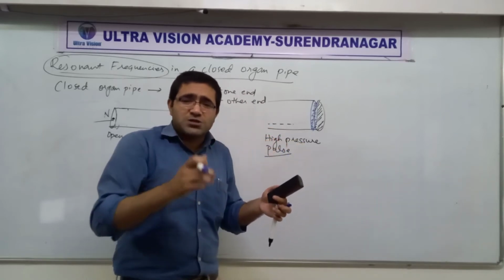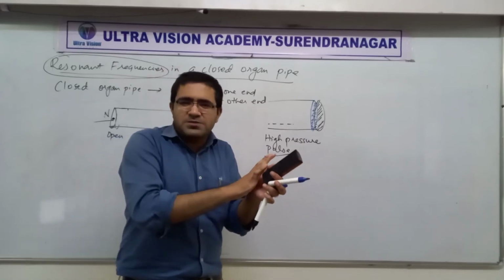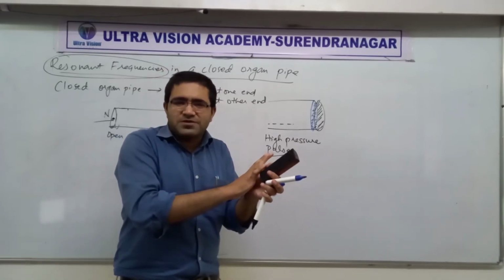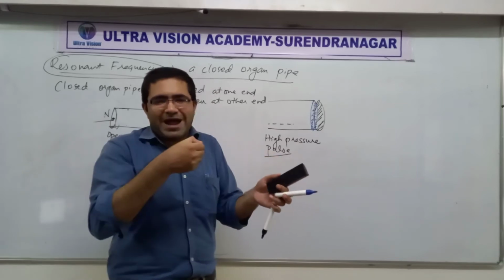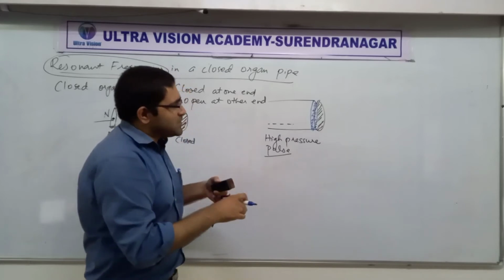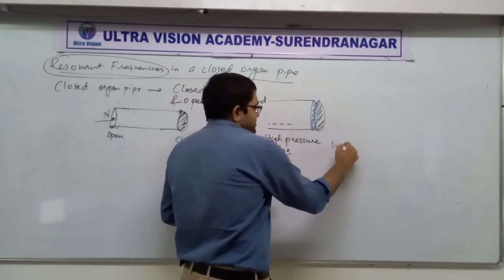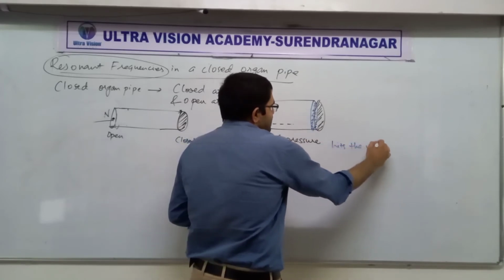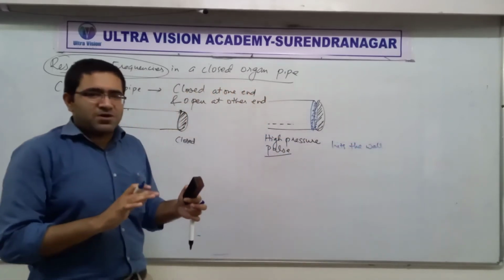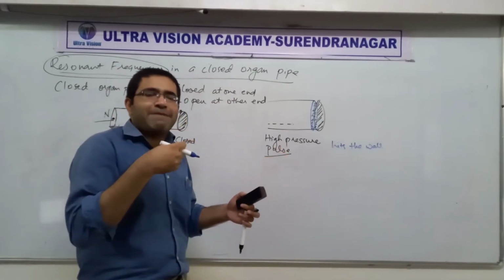And then, like a cushion, think about how it occurs for a sponge. You press a sponge, then what will happen? The sponge will push it back, correct or not? You understand what I am saying? So just like that, the high pressure pulse hits the wall, and from there it will apply high pressure back.